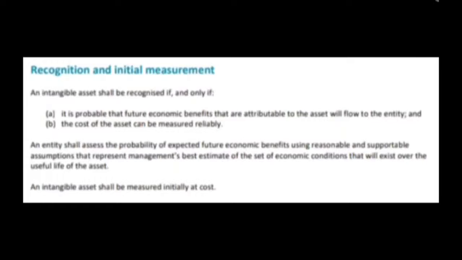The company can only estimate how much will be the benefit from this asset by producing it. And an intangible asset shall be measured initially at cost. So whatever expenditures are incurred, that shall be the cost of the asset.